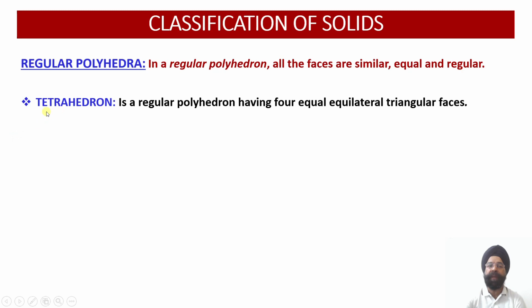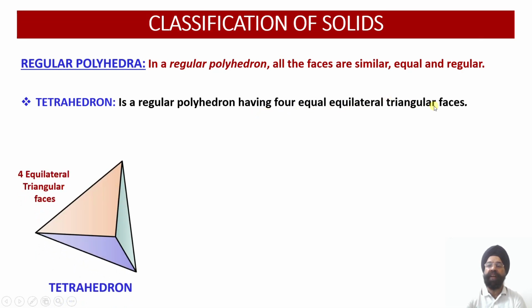The first example is the tetrahedron. A tetrahedron is a regular polyhedron having four equal equilateral triangular faces. Just see, this is an example of the tetrahedron in which there are four equilateral triangles.